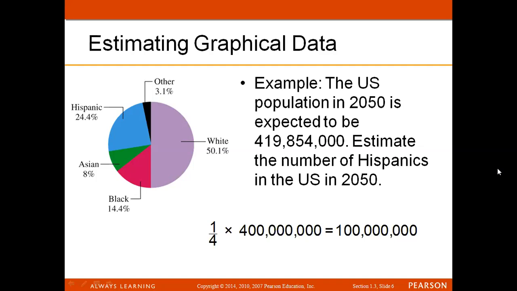So we multiply 1/4 times what we estimate the population to be, 400 million people. So 1/4 of 400 million people is about 100 million people. So we estimate the number of Hispanics in the US in 2050 to be about 100 million.